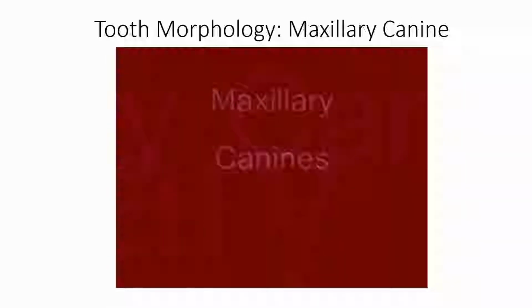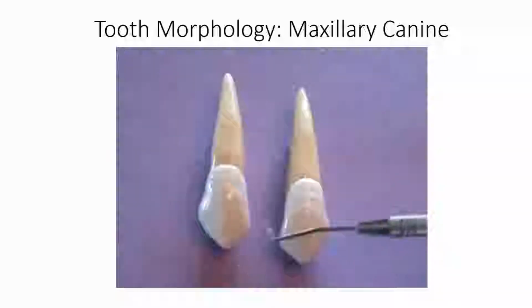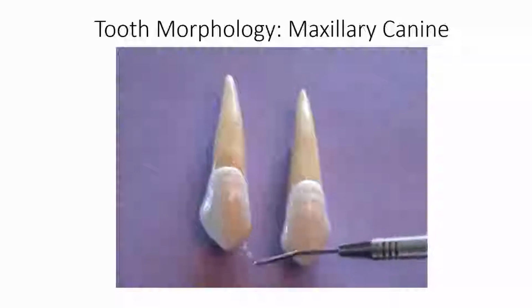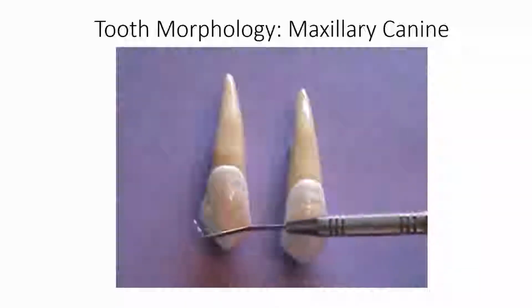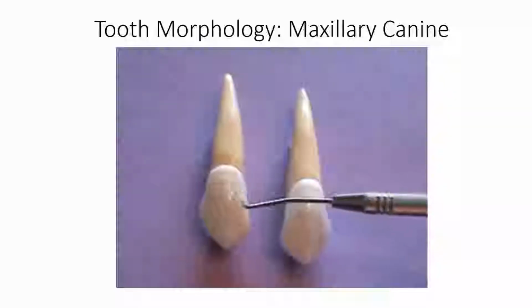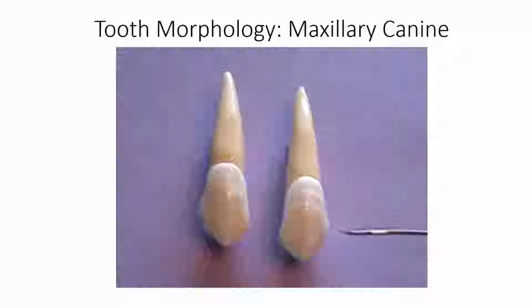The maxillary canine has an incisal edge that comes to a cusp tip. The mesial cusp slope is shorter than the distal cusp slope. There can be imbrication lines on the facial. The distal contact is in the middle 1/3.